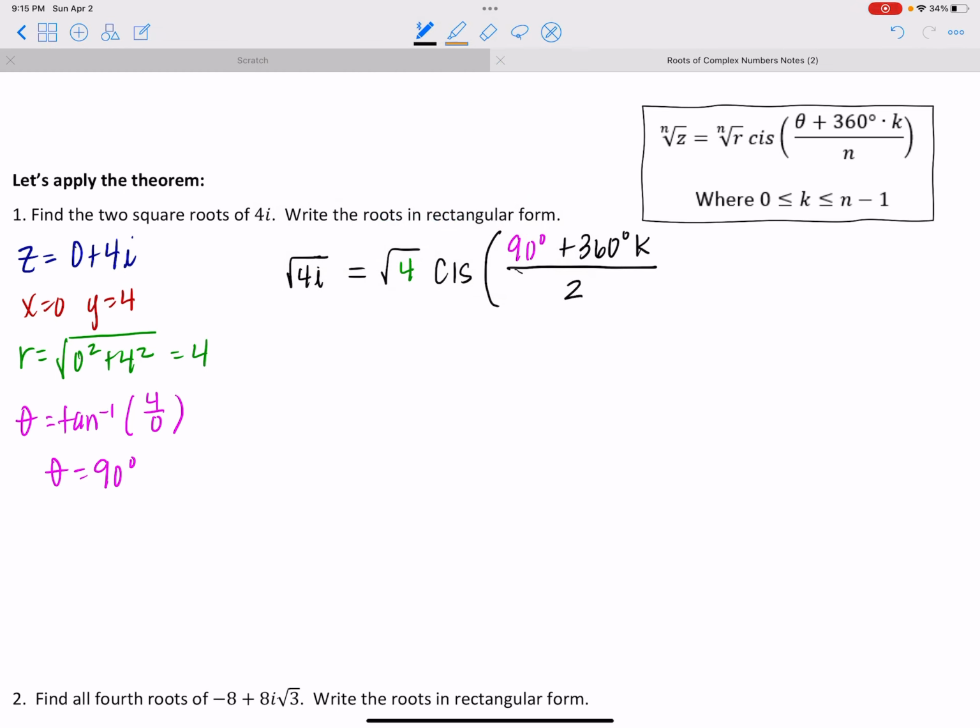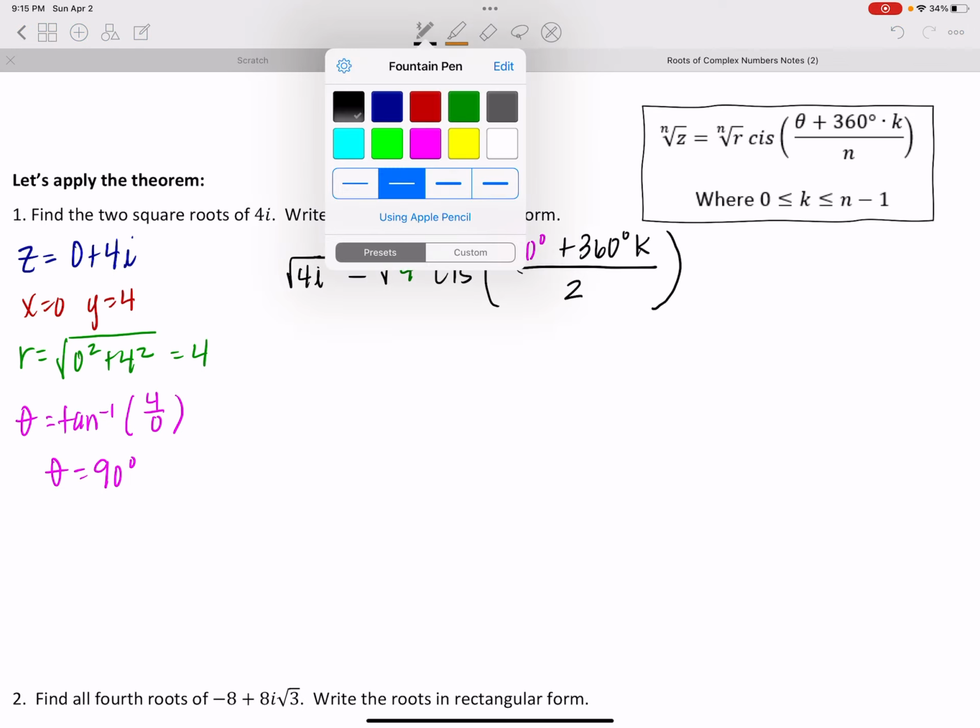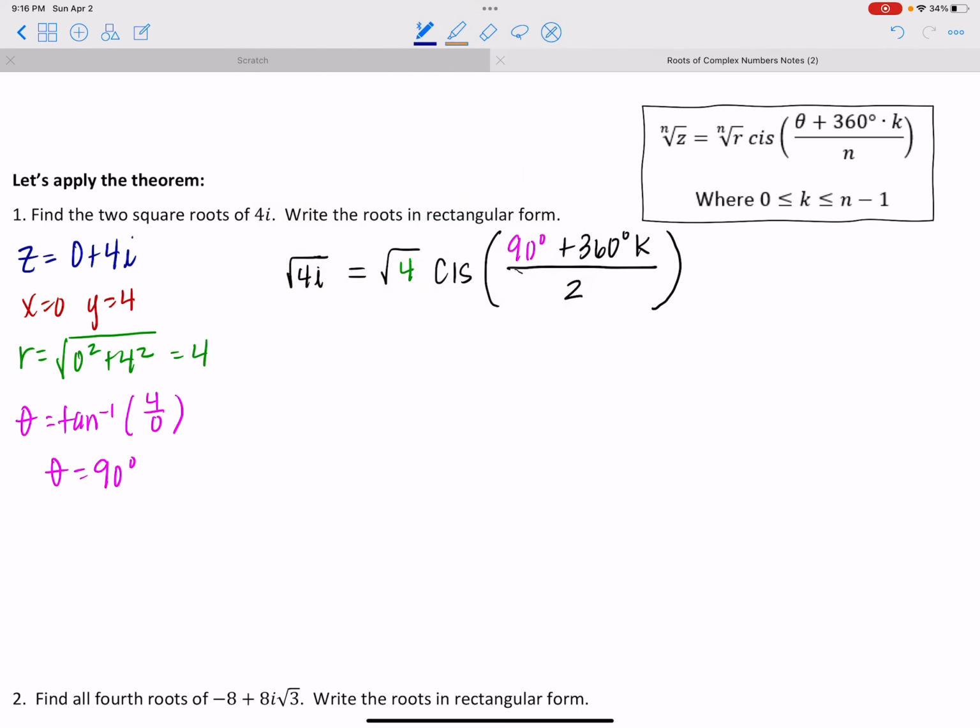If it was a cube root, it would be 3. If it was a fourth root, it would be 4, and so on. Okay, so this is what it looks like plugged directly into my formula. And again, we're going to be figuring out our angles, or let's call them alpha, for k equals 0 and 1.